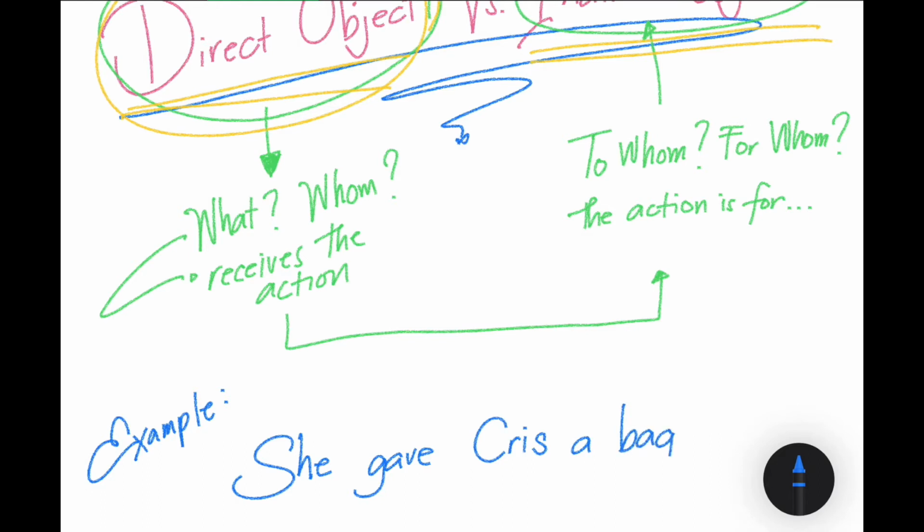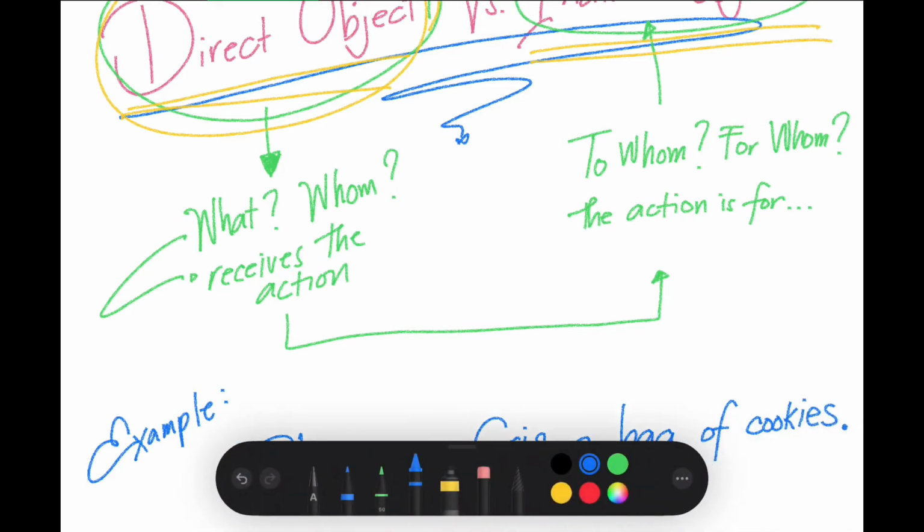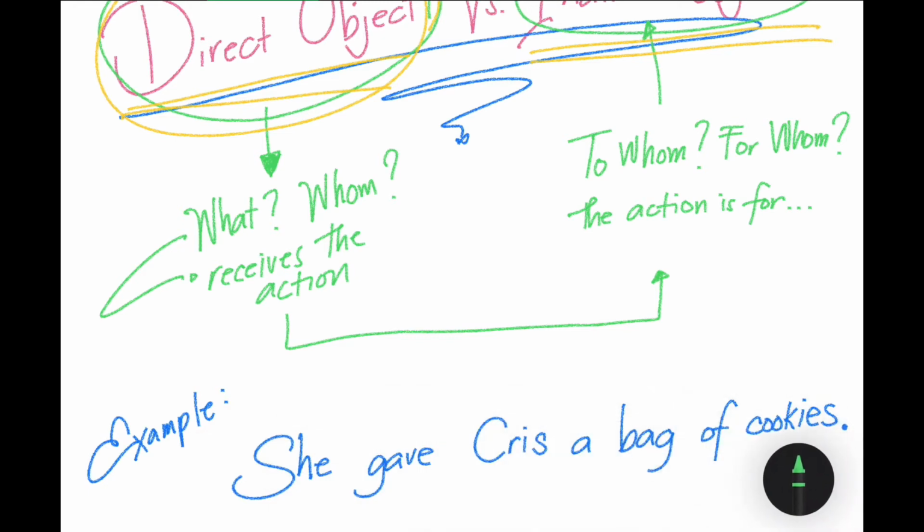Our action verb here is gave. We really need to take note of our action verb first because that's the key to finding our direct object. So what did she give? She gave a bag. So that's our direct object.